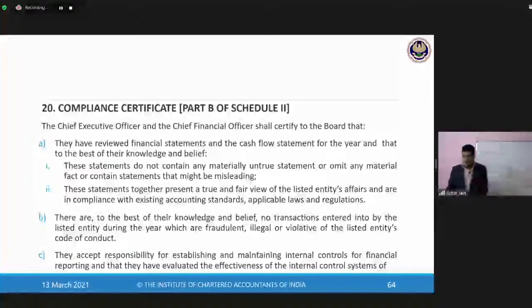because it's something which is assigned to them, that they have reviewed the financial statements and to the best of their knowledge and belief, they do not contain any materially untrue statement or omit any material fact or contain statements that might be misleading.